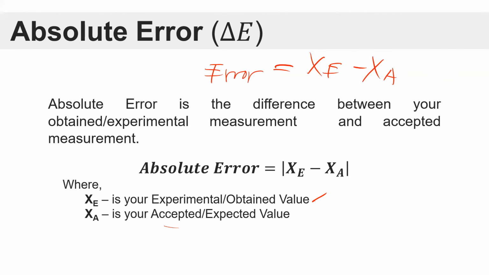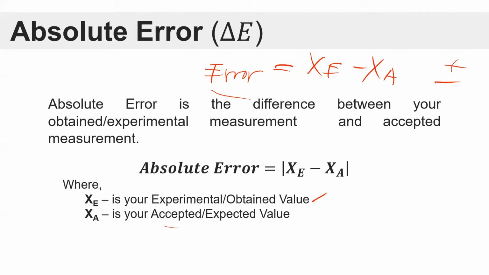So our error can be positive or negative, and this sign denotes whether your obtained value is larger than the true value or lower than the true value. Later, we will have an example to differentiate error and absolute error.